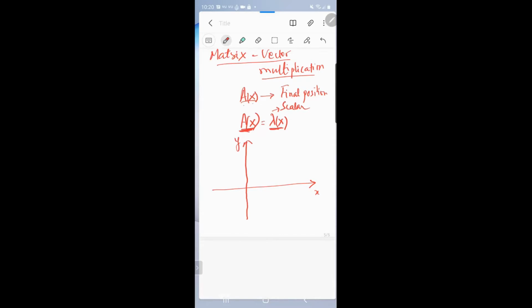What transformation would you like to do? Don't go for crazy ones because that will waste time. Some simple transformations. Okay, scaling along X by a factor of 3.